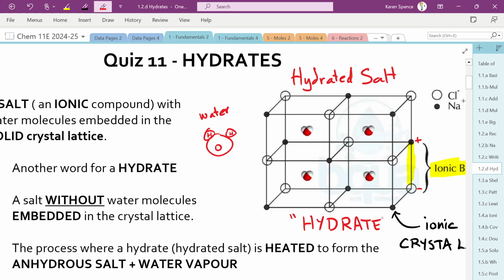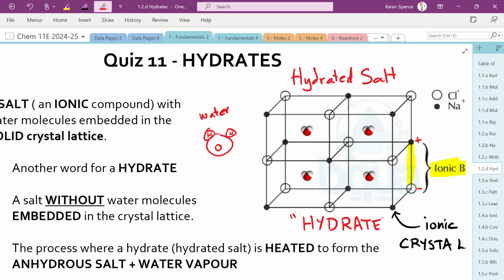Ionic bonds. There's no ionic bonds bonding the water in here, but something is holding them in there. And you may or may not have heard of these things before. They are called intermolecular forces.